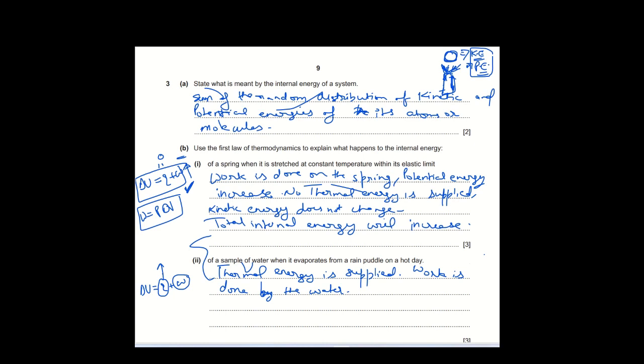So the Q value, that is the thermal energy supplied, will dominate. Therefore the internal energy will increase. Why? Because more thermal energy is transferred than work done.